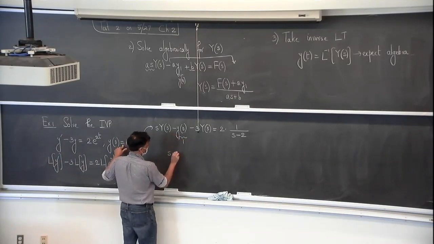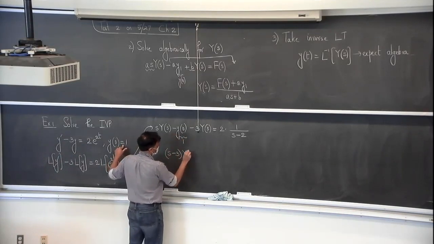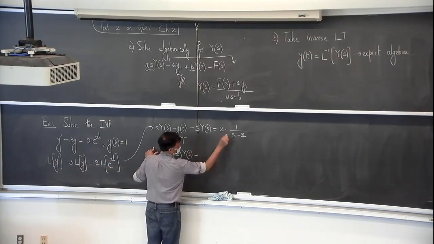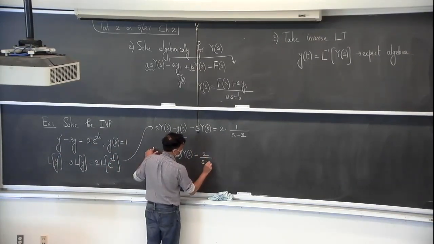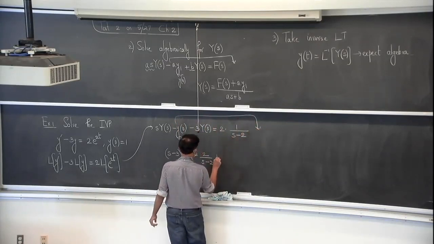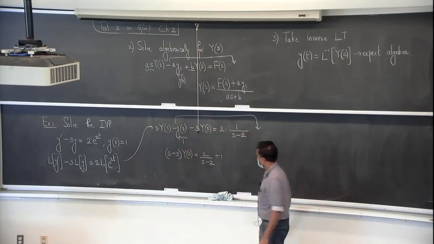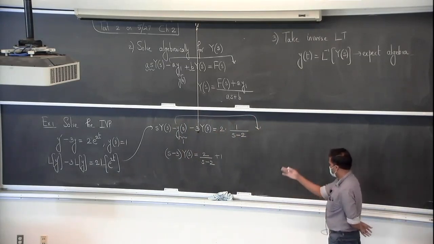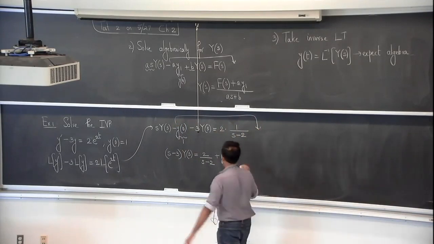So you get s minus 3 times Y of s equal to 2 over s minus 2. And then bring this over here. That's going to be plus 1. Divide both sides by s minus 3.